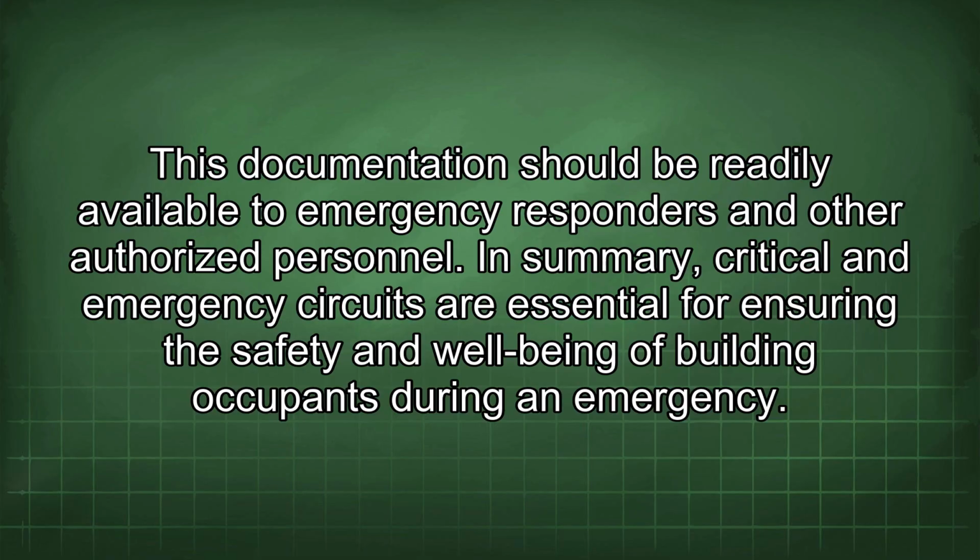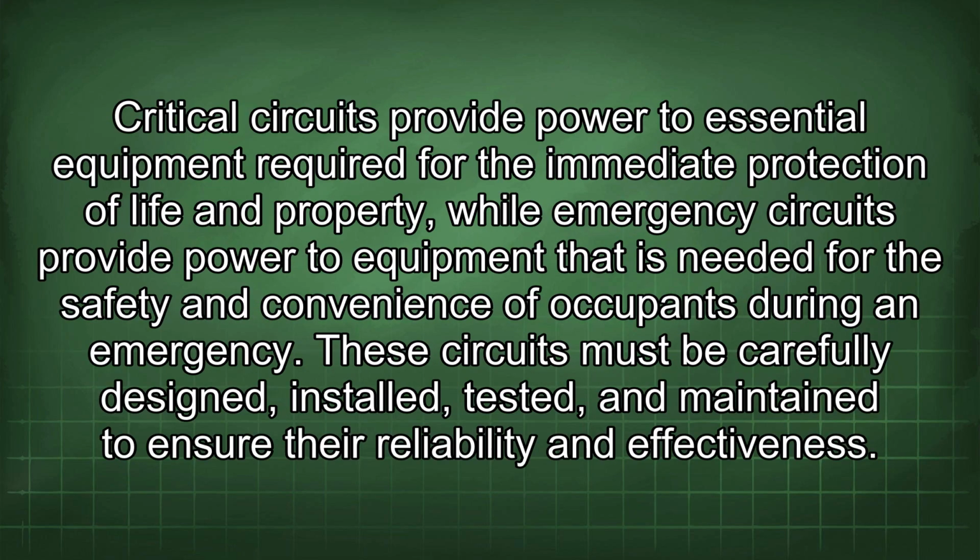In summary, critical and emergency circuits are essential for ensuring the safety and well-being of building occupants during an emergency. Critical circuits provide power to essential equipment required for the immediate protection of life and property, while emergency circuits provide power to equipment that is needed for the safety and convenience of occupants during an emergency.